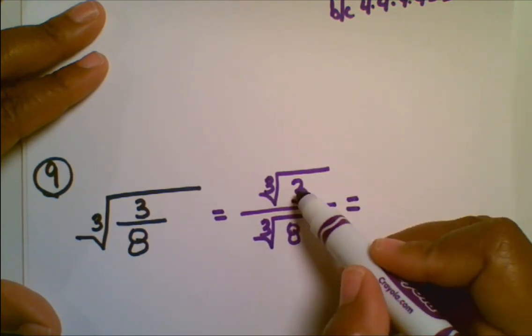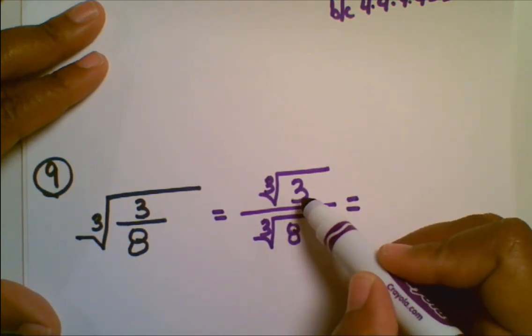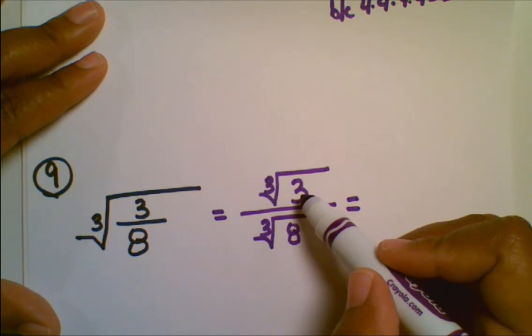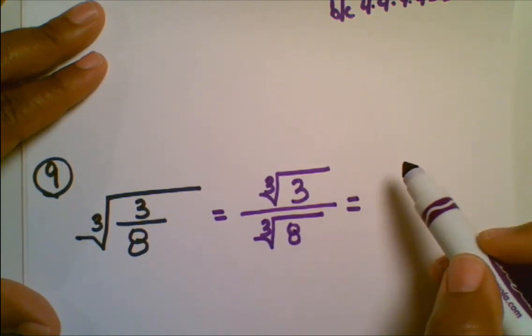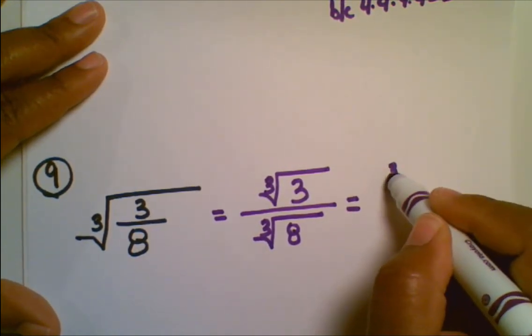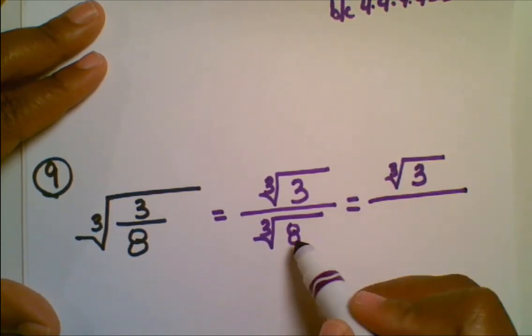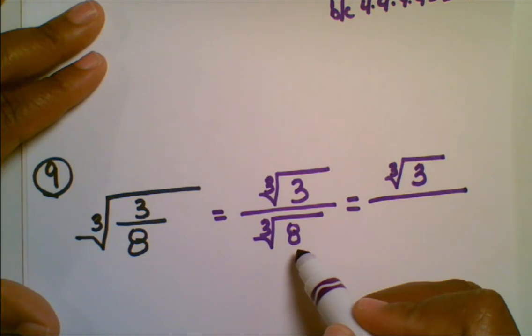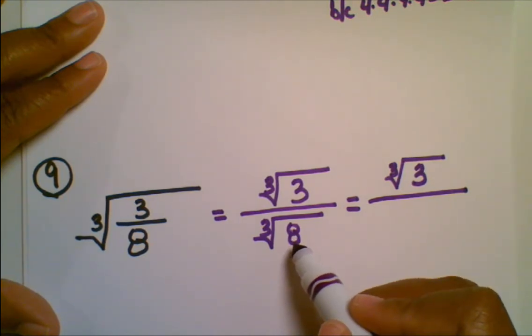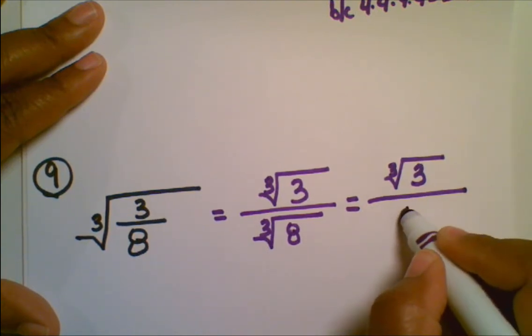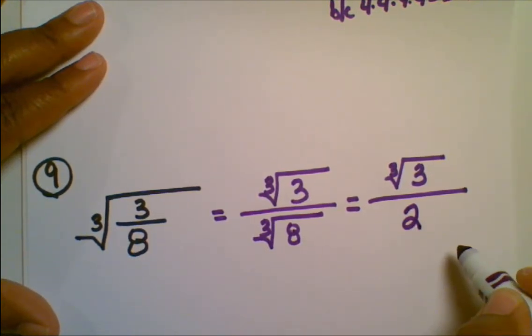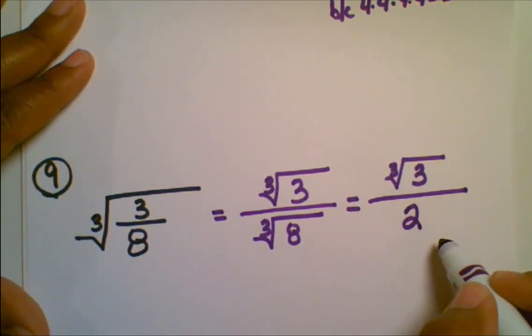Now, the numerator, 3 is not a perfect cube, not 1 plus 1 plus 1. But remember, it must be factors. So the numerator will stay as the radical. But we can find the cube root of 8. What are 3 identical factors that, when we multiply them, will give us 8? And that is 2. So our solution is the cube root of 3 all over 2.